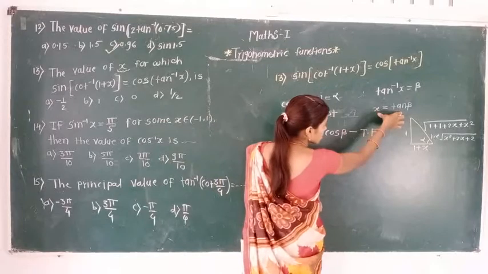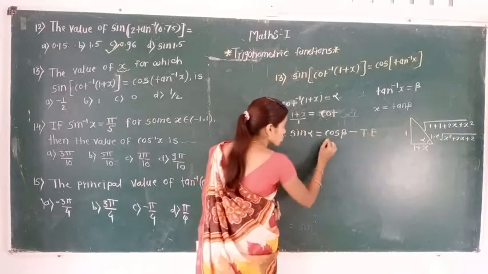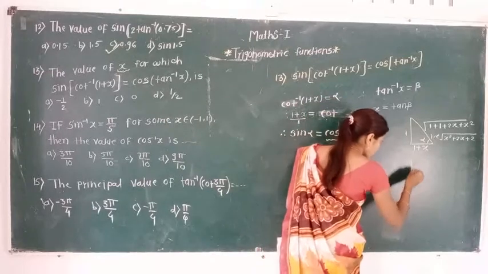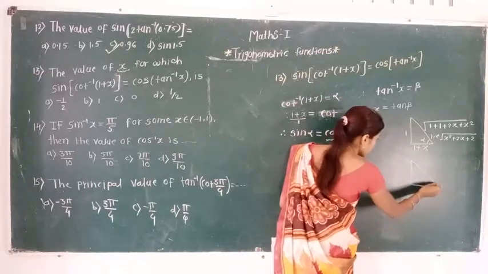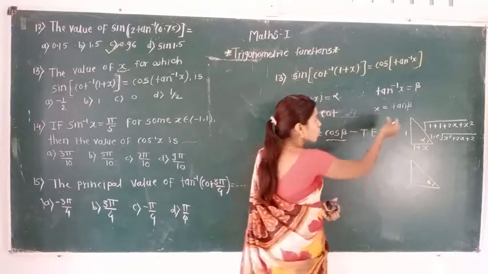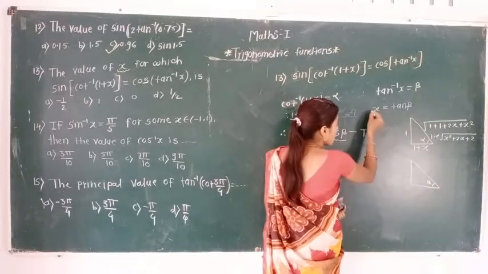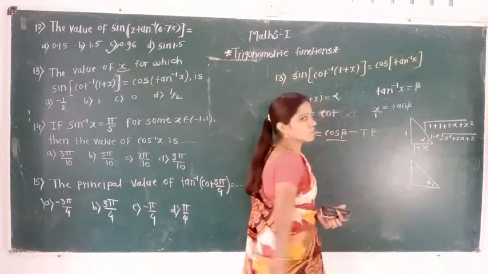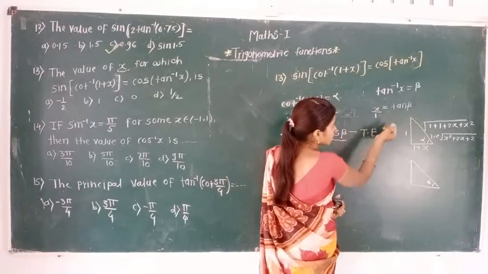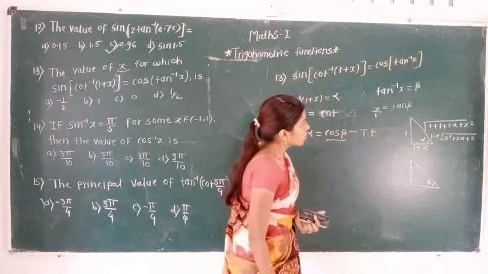Okay, now see, for using this information we have to find the value of cos beta. So see here, in this triangle here is the angle beta, and tan beta is x upon 1. We know that tan beta gives opposite side upon adjacent side.